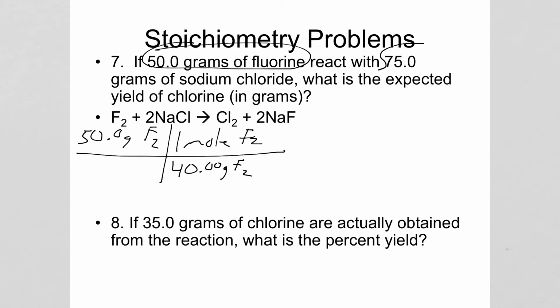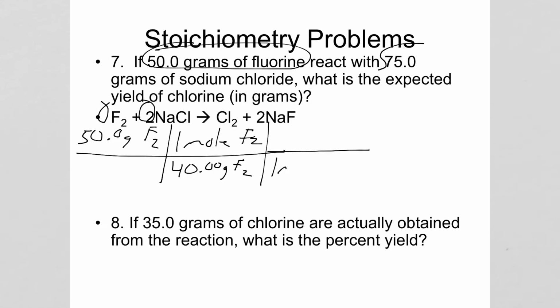What we're going to do on the next step is use a mole ratio to go from fluorine to sodium chloride, because we're trying to figure out how much sodium chloride we need to react completely with 50 grams of fluorine. So our mole ratio here is 1 to 2.